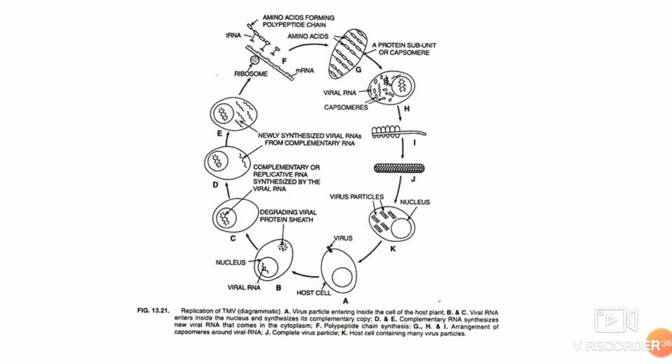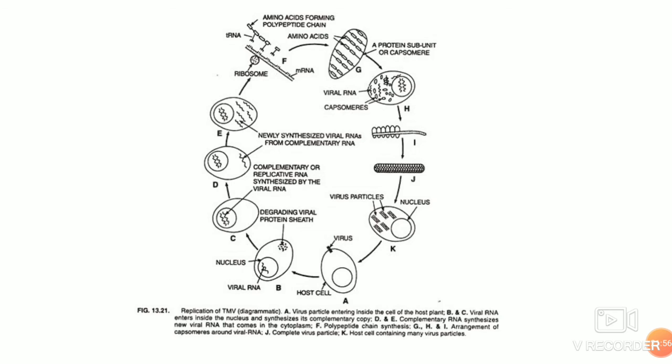The cycle of TMB involves attachment. The attachment is by mechanical damage and getting into the cell, or pinocytosis, or through aphids. Once inside the cell, the virion RNA is disassembled from the capsid monomers, and the RNA gets into the nucleus.